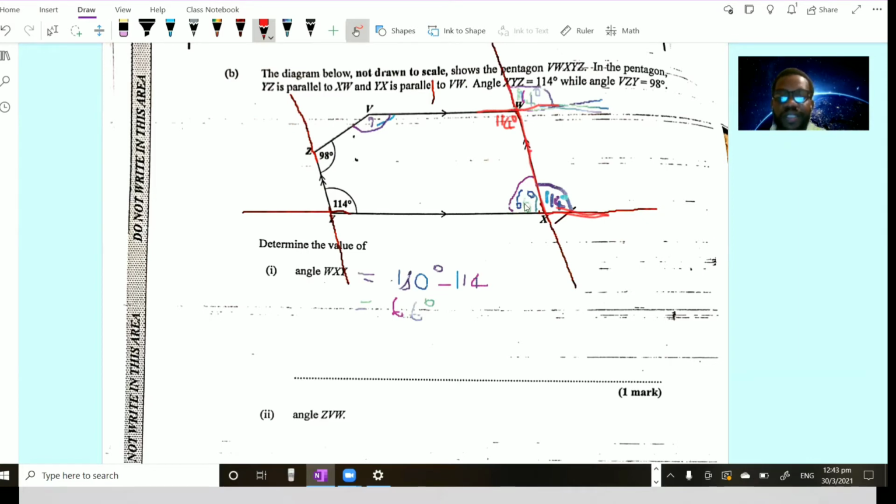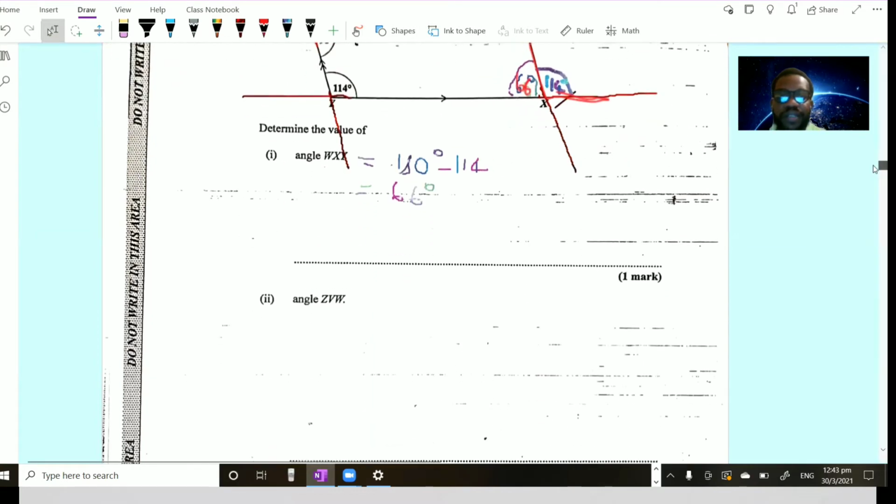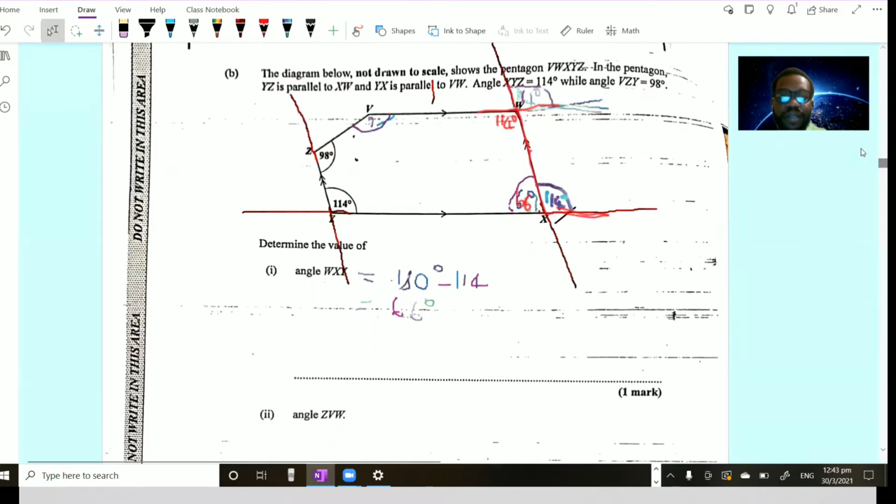All right, so you have 66 degrees, which is right here. You have your 98 degrees, you have your 114 degrees. Now, this is what you call a pentagon, a 5-sided polygon. Now, the question is, what is the sum of the angles inside of a pentagon? There's a little formula that you can use to remember the sum of the angles inside any polygon.